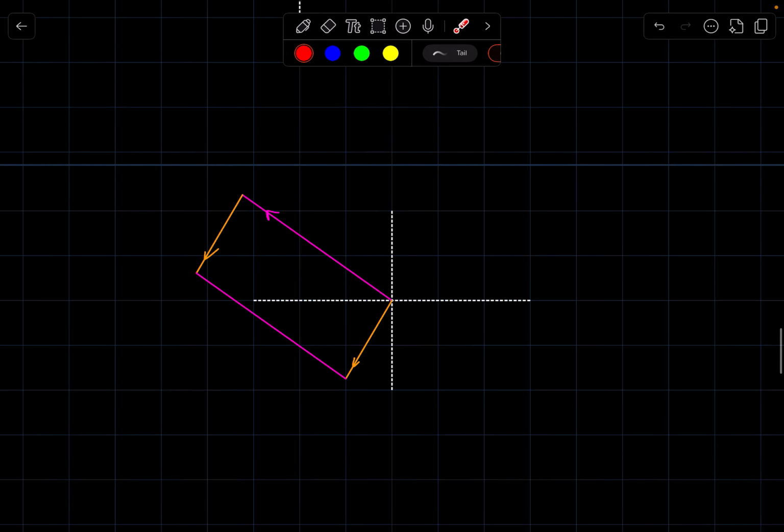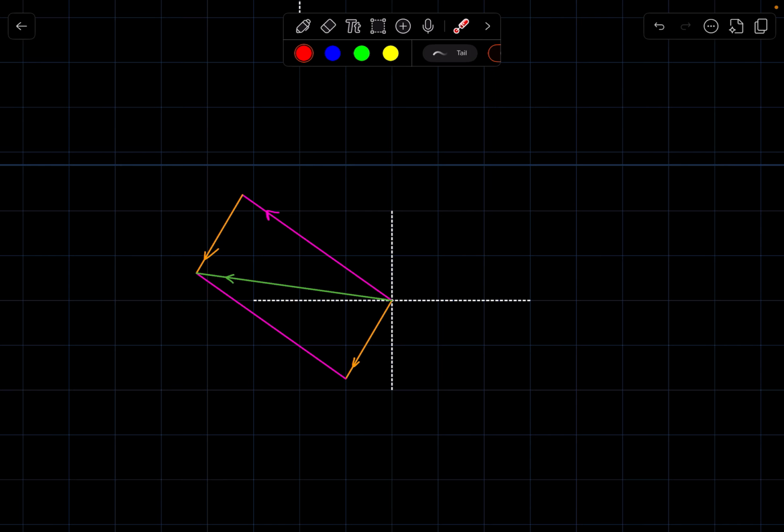It is a vector diagram or a graphical method that we use to get the resultant of the two forces acting on this body, and they will go in that direction. This completes your parallelogram essentially.